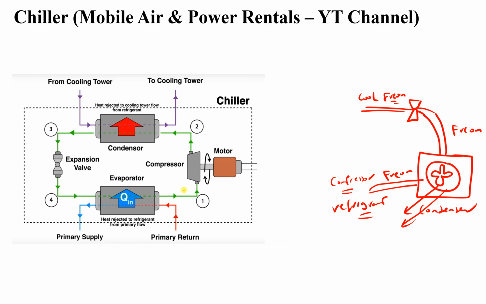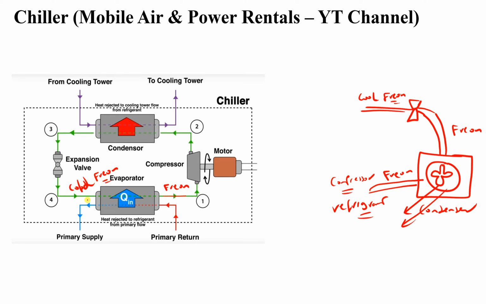So that's the first step: we have our refrigerant, we enter it into the compressor, and then we condense it and cool it down. Forget about this, we will talk about how we cool it down later. And then we provide it to the expansion valve to have a cold refrigerant or cold Freon, for example.